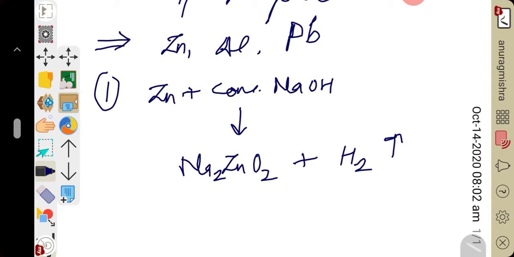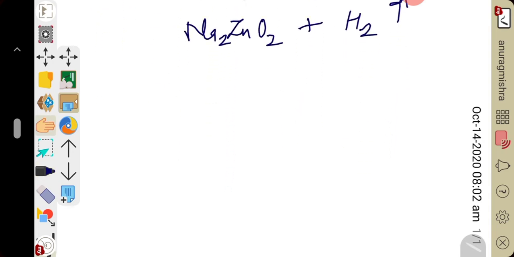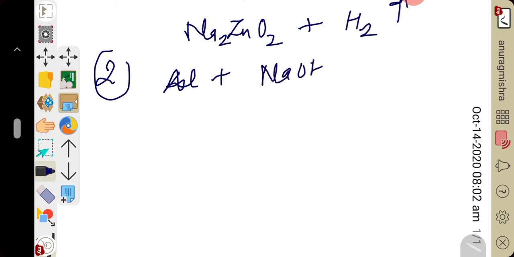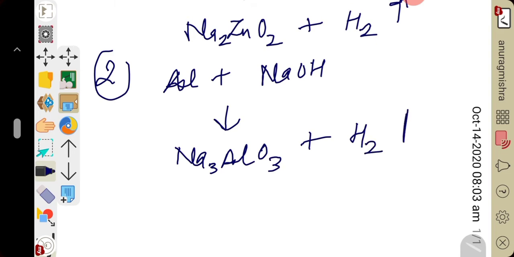Similarly, when aluminium undergoes reaction with NaOH, it forms Na3AlO3 plus hydrogen gas, which liberates.